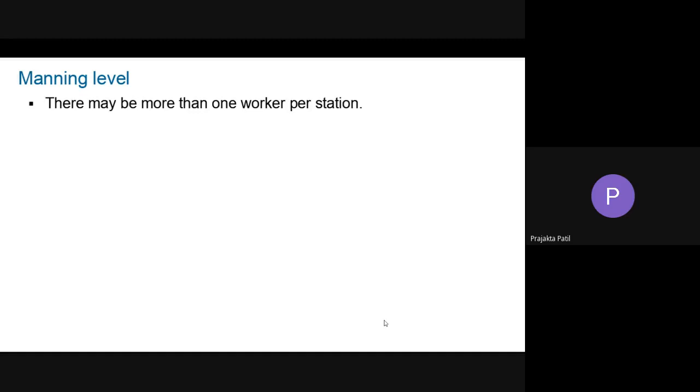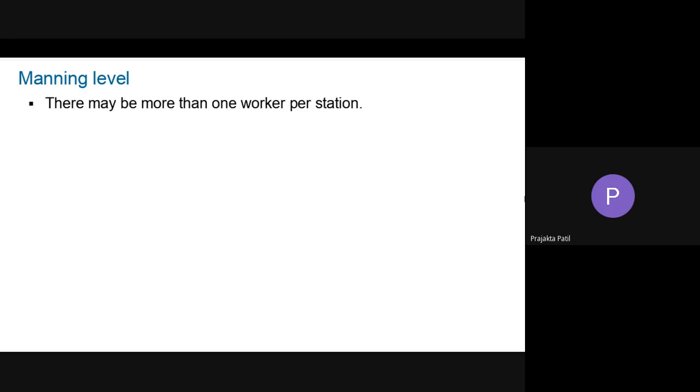Manning level means there may be more than one worker per station. Okay, there are these situations. When we were studying the assembly workstations, I said that there may be one worker, there may be multiple workers. They may be either standing and performing the task, or maybe they're allowed to sit down. So it depends upon the type of task that they are performing.